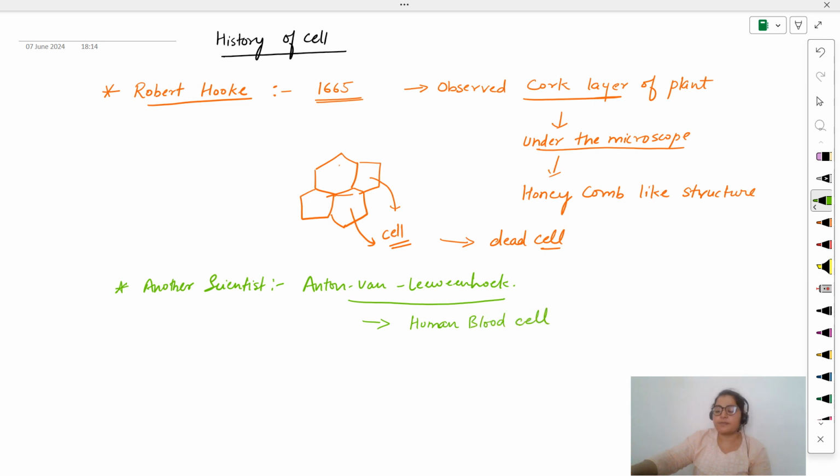When he observed these human blood cells, he named them animalcules, and they are living cells.